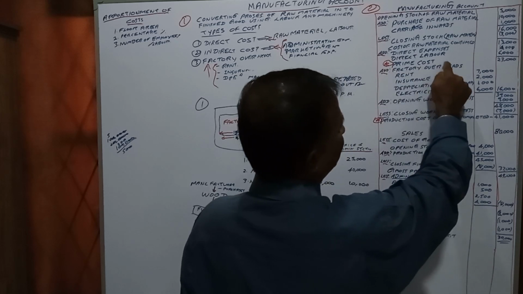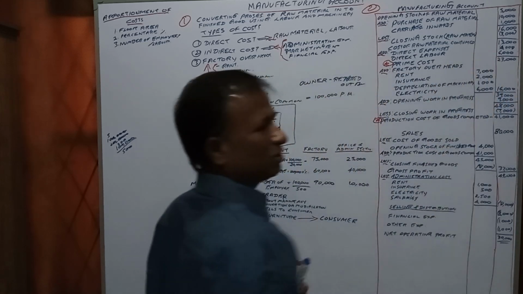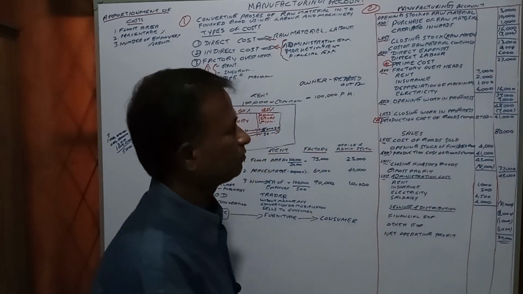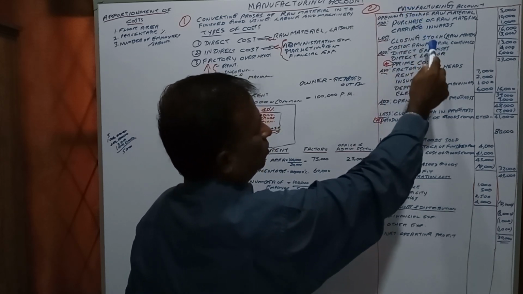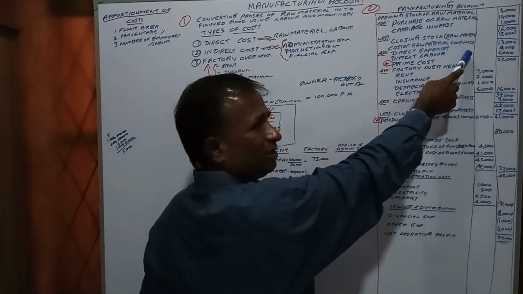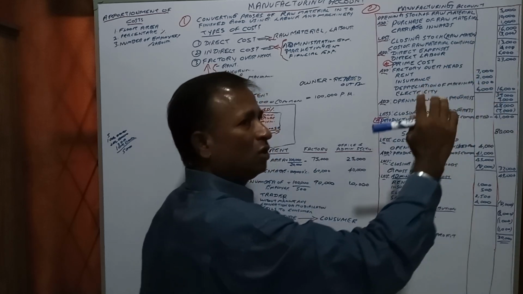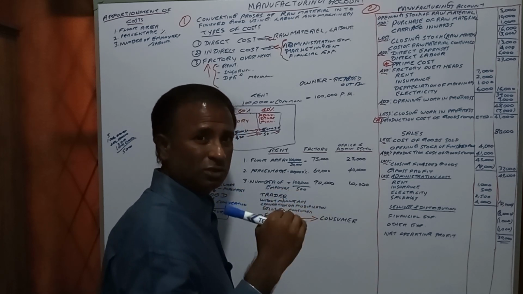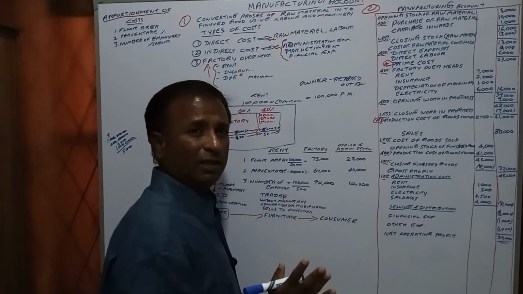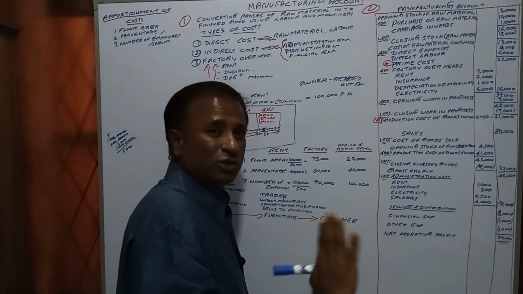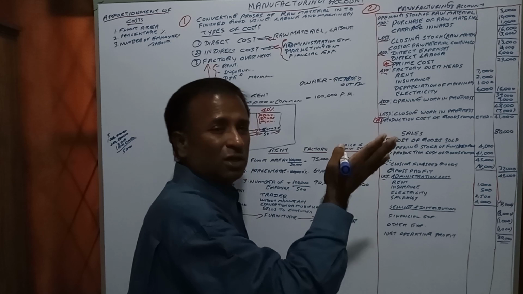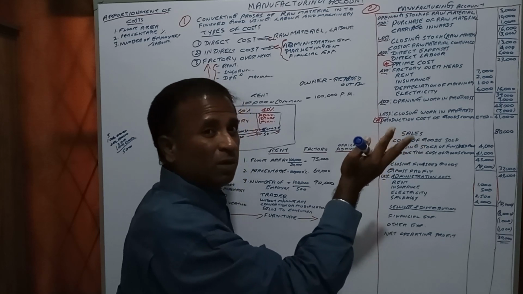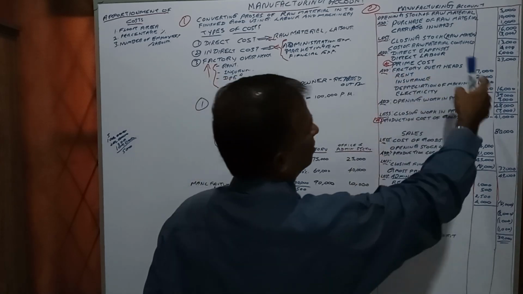Then you will arrive at the prime cost, right? That is, with the cost of raw materials consumed, you are adding the direct expenses attributable to the production of the product.